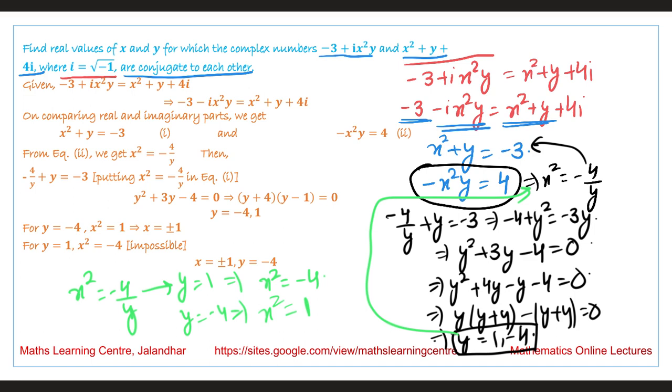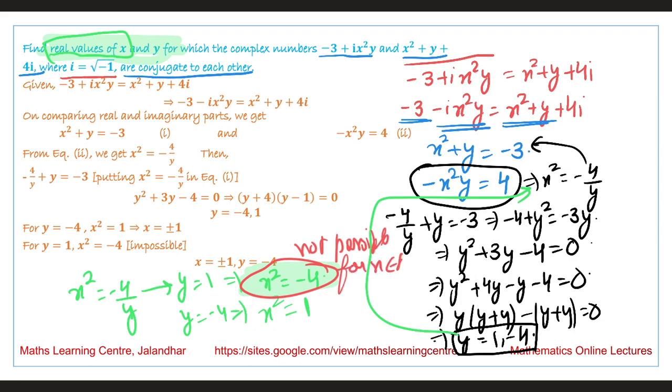Now it is given that x and y are real numbers. It means x square cannot be equal to minus 4. This is not possible for x being a real number.